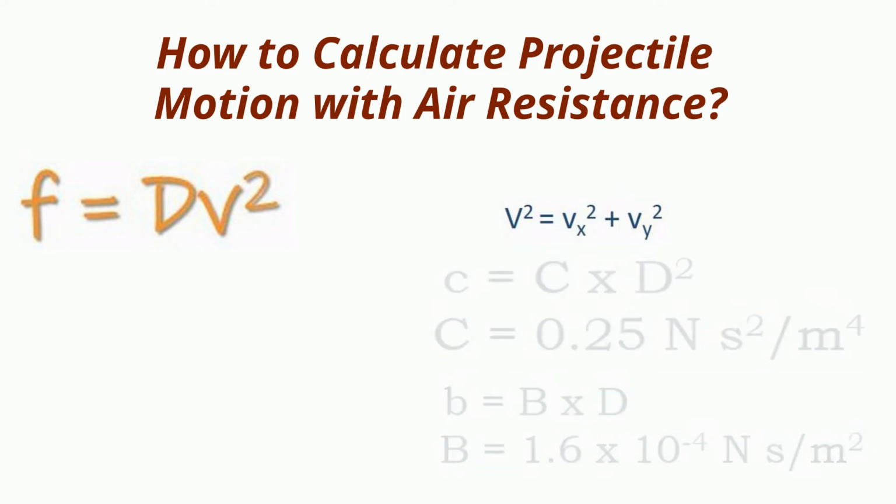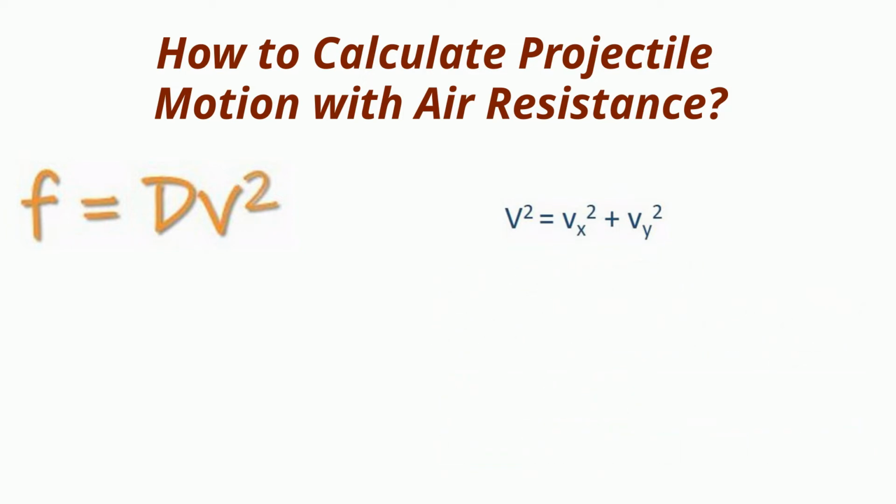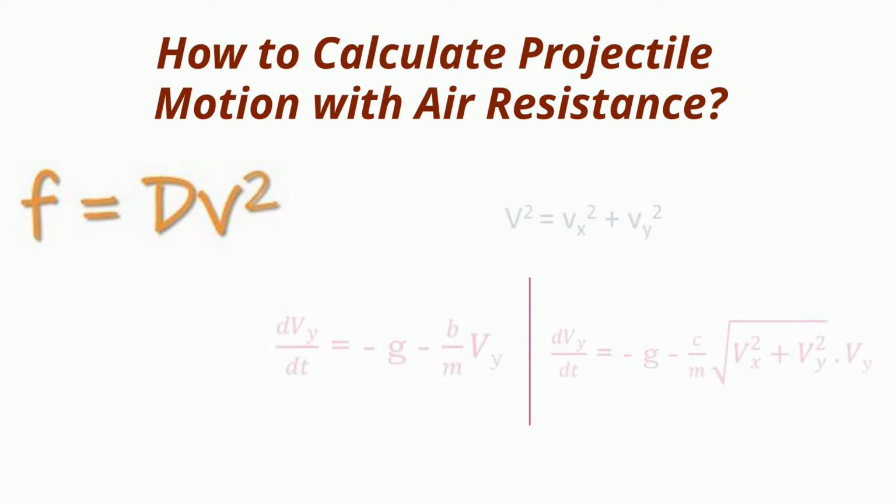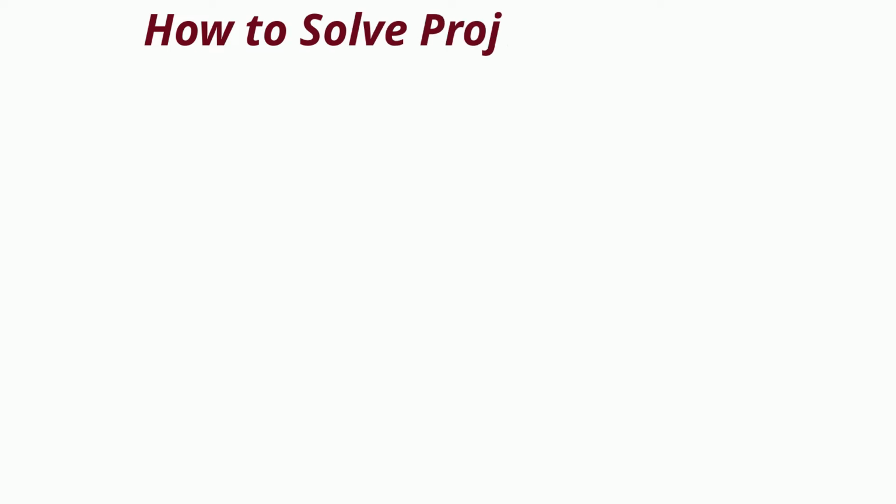The formula for the y component is given as follows, where Vy is the vertical velocity and g is the acceleration due to gravity. This equation can also be given as follows, where the values of c and b remain the same as we saw earlier.